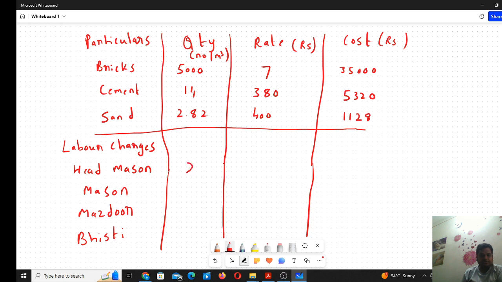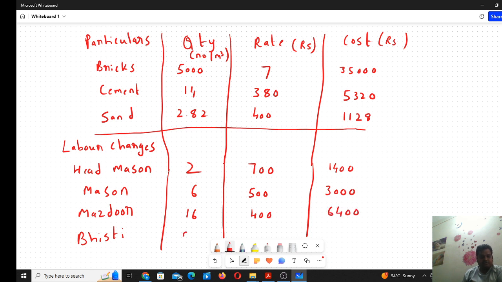Now head masons required are 2 and the rate for them is 700 rupees nowadays. So this comes out to be 1400. Now masons I require 6, their rate is 500, so this comes out to be 3000. Then mazdoor up to 16 I require, their rate is 400, so 6400.